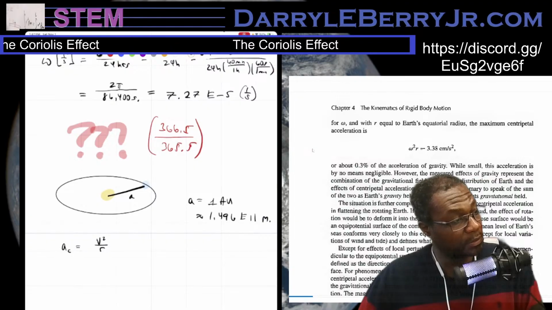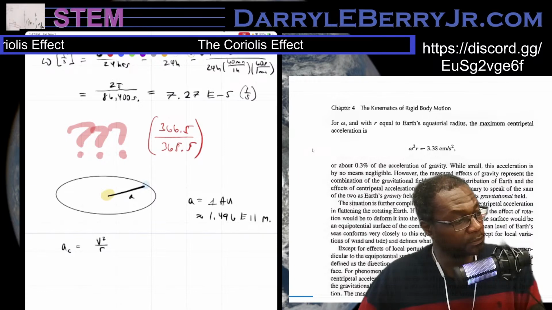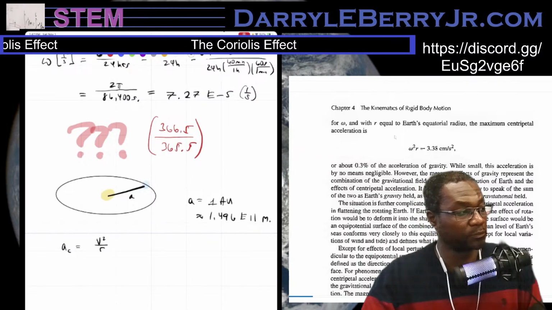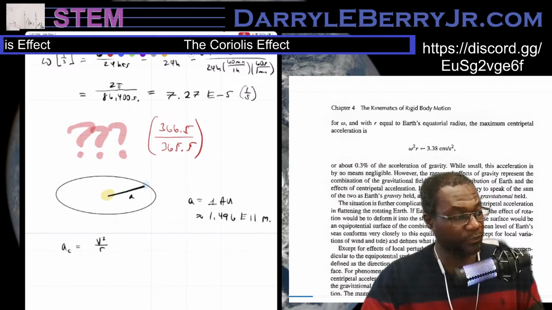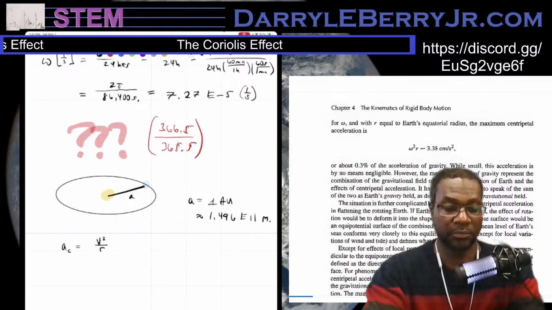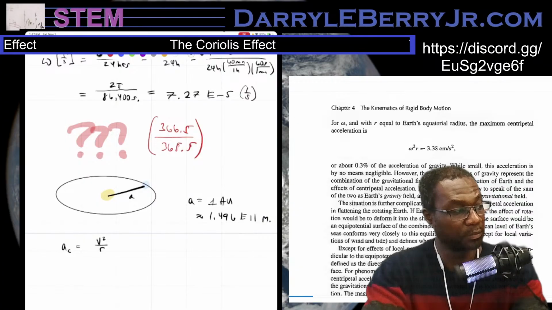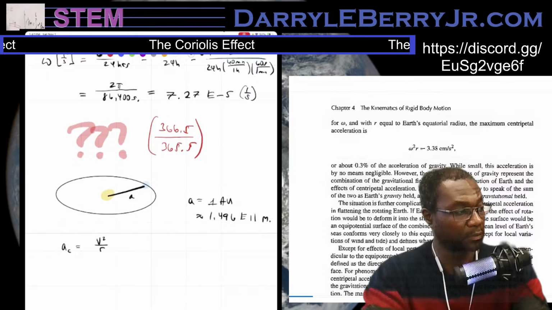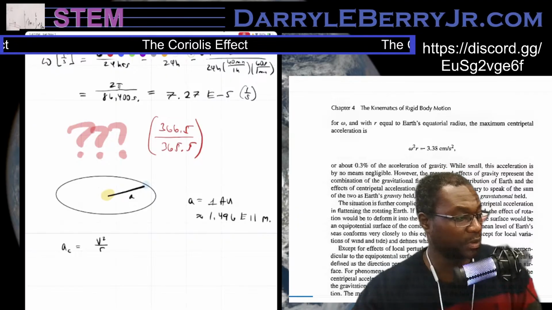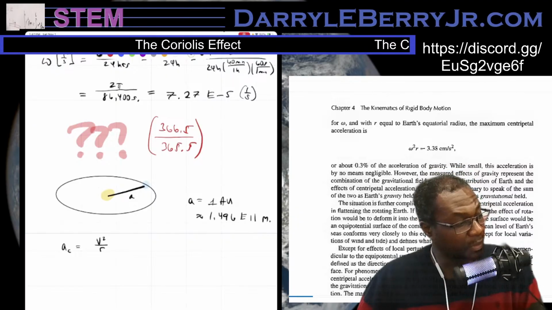Oh, hold up. We're doing v squared r. Let me look up this formula. With acceleration, yeah, v squared over r.